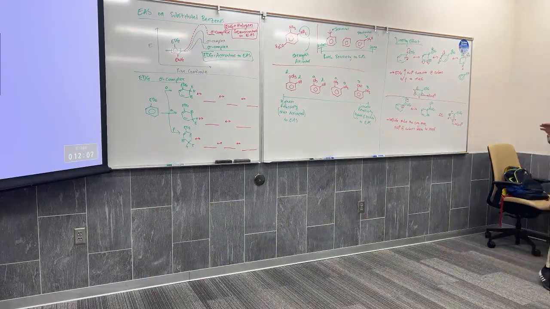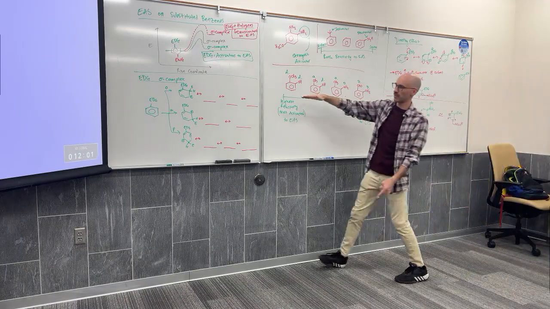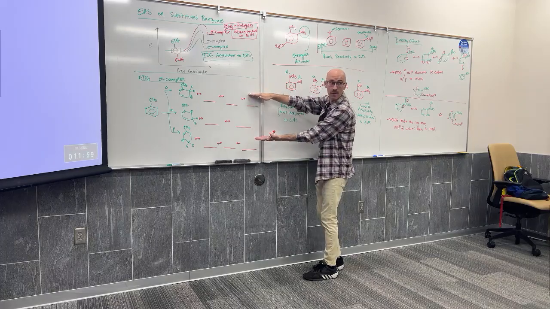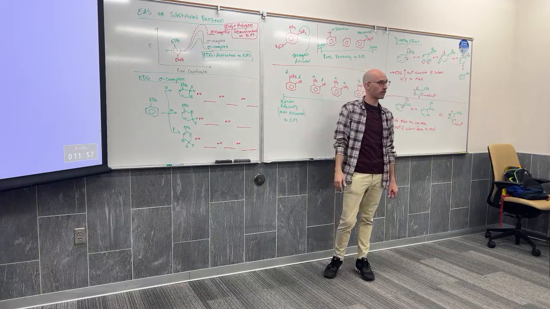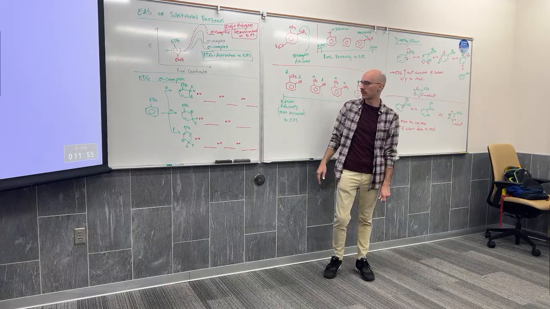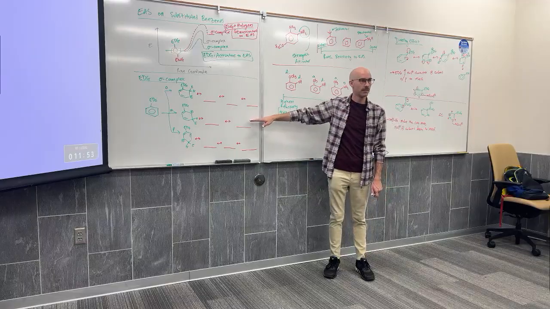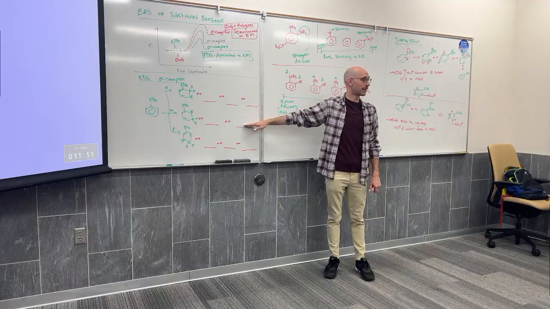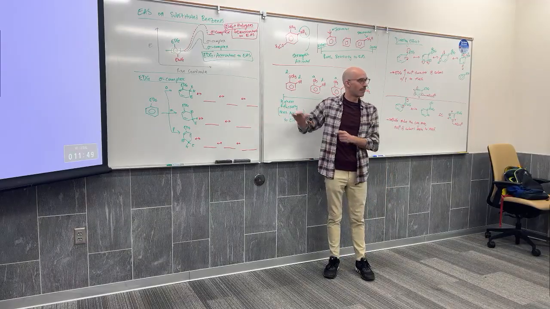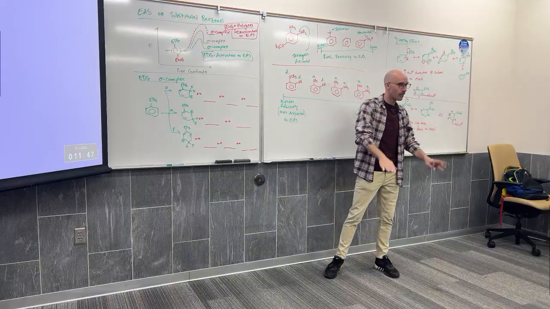Without even filling them in, the fact that there are more resonance forms when the ring has attacked ortho or para to the donating group, and only 3 when it reacts meta, more resonance forms is more stable.